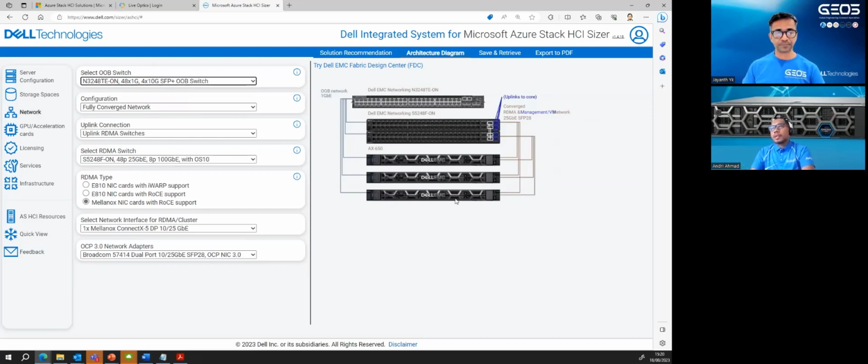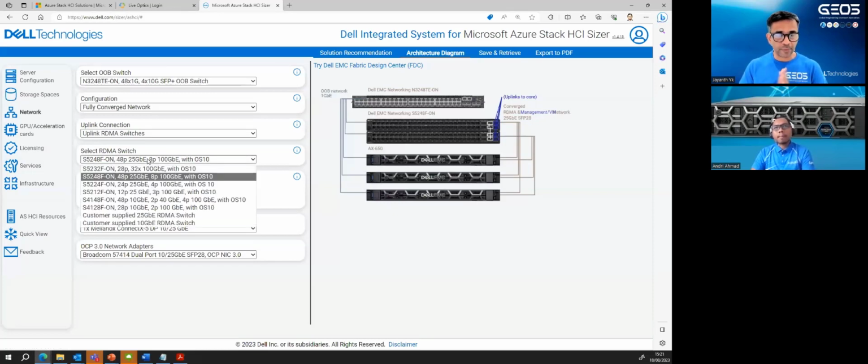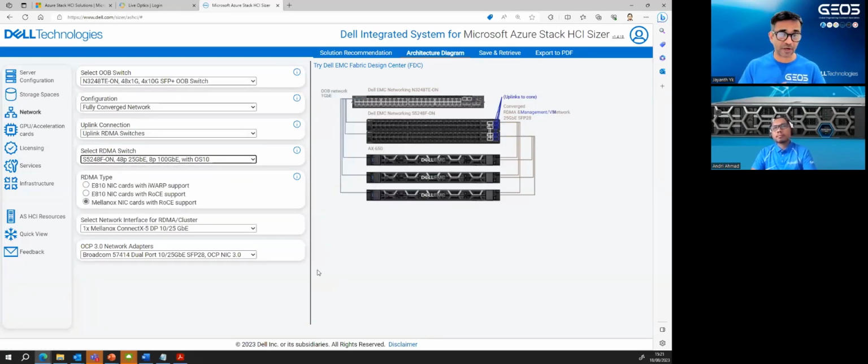Basically, we connect all the out-of-band ports, which in Dell we call the iDRAC, into the same management switch, and then you can access the out-of-band management from a different network. We also have this integration later in OpenManage Integration to use this network as well to access the out-of-band.